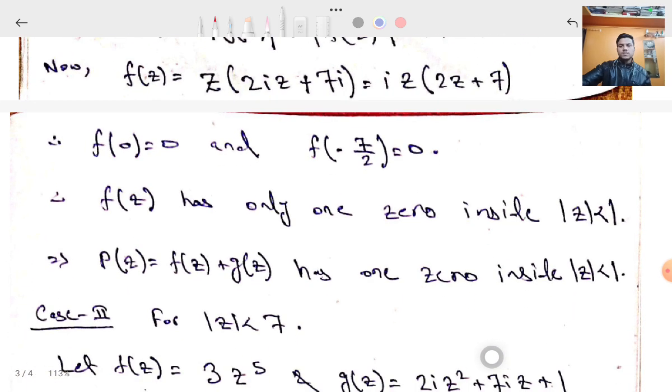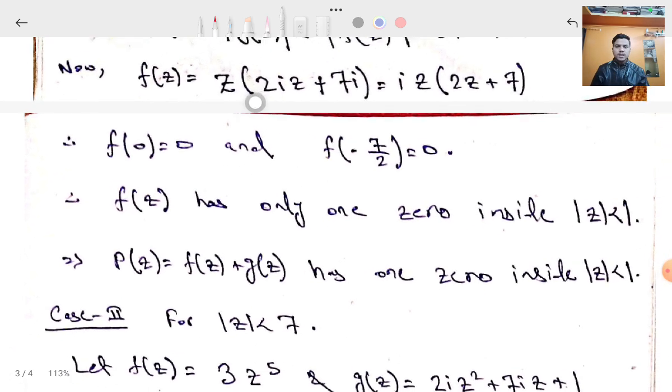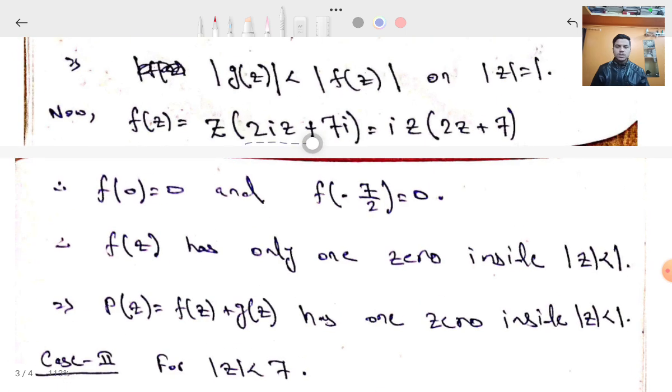Now f(z) equals, taking z common, z(2iz + 7i). Taking i common also, f(z) = iz(2z + 7). Then the zeros of f(z) are 0 and -7/2.